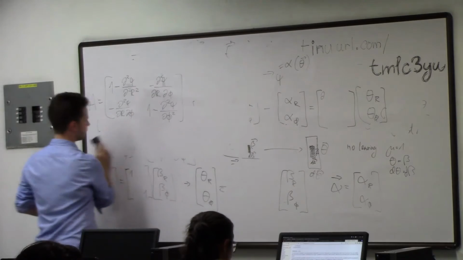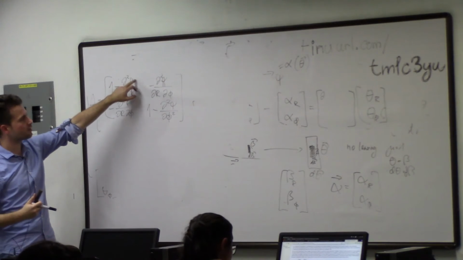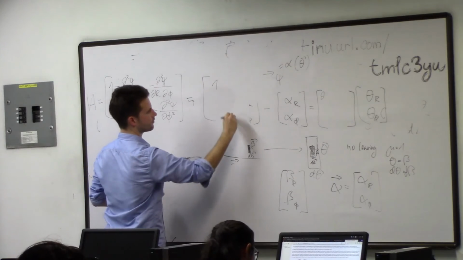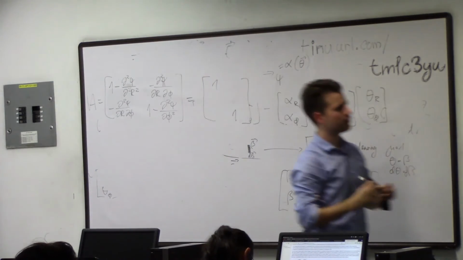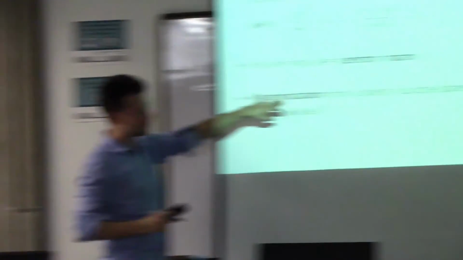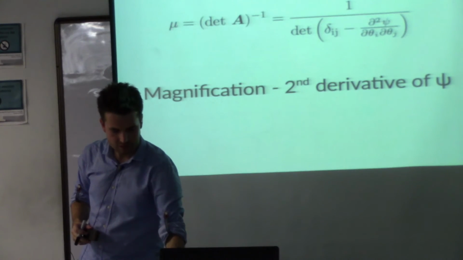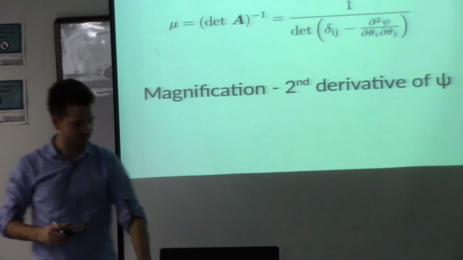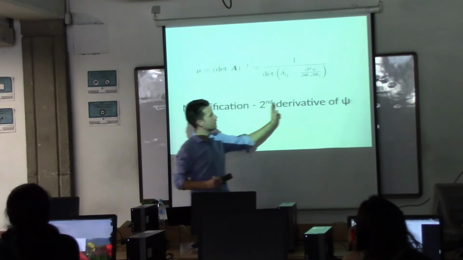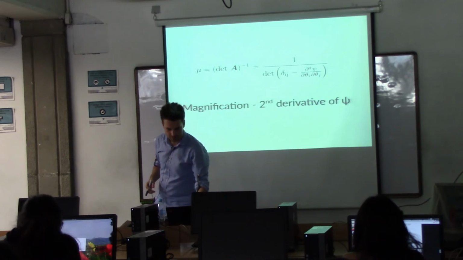So we have a matrix here. If there is no lensing and the lensing potential is 0, this reduces to the identity matrix, which is what we would expect, that without lensing, your beta and theta stay the same. And the magnification is going to be just the inverse of the determinant of this matrix. That is a result that I only wanted to stress, that magnification will now depend on the second derivative of the potential, and this is something we'll go back to on Friday.